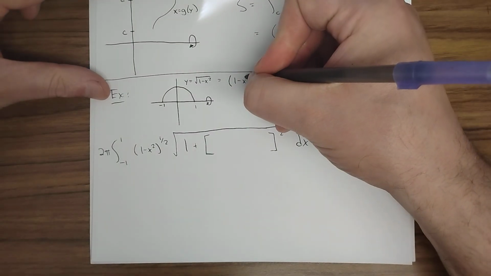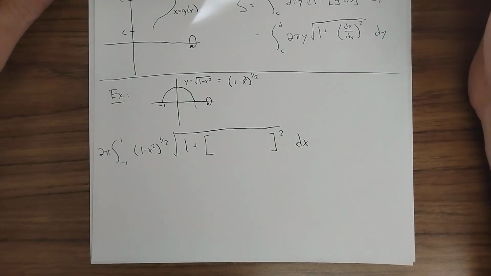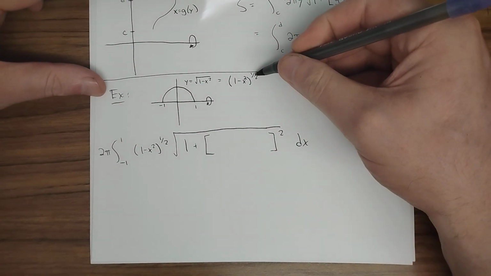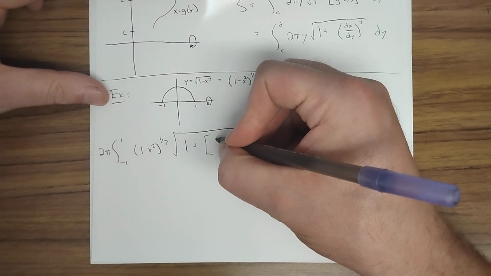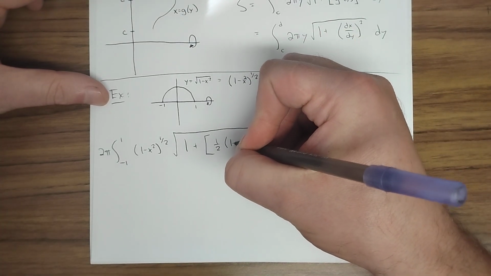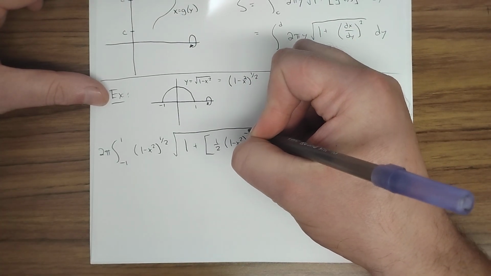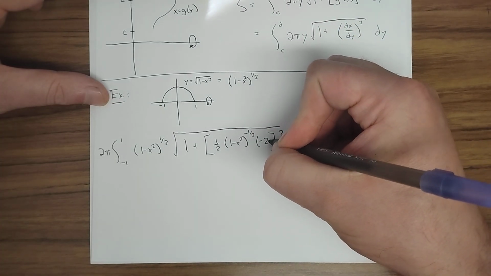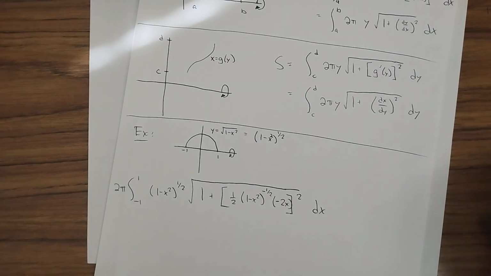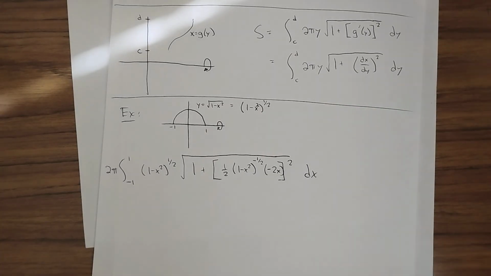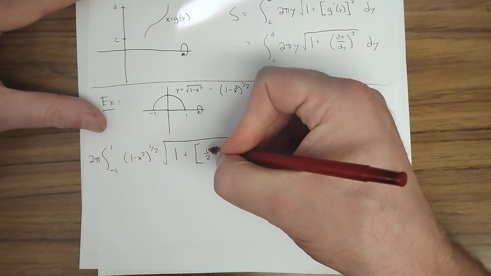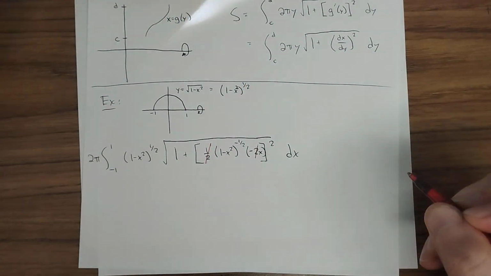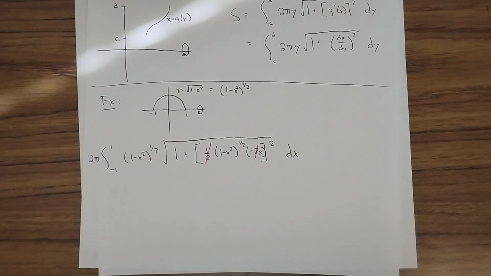Oh, I forgot to write that this is squared. Okay, so we have a little chain rule here. This is 1/2 times 1 minus x squared to the -1/2 times the derivative of the inside, which is minus 2x. Okay, I can cancel the half with the 2.